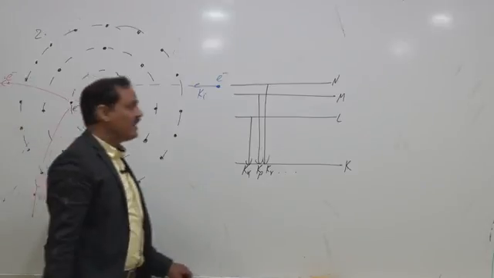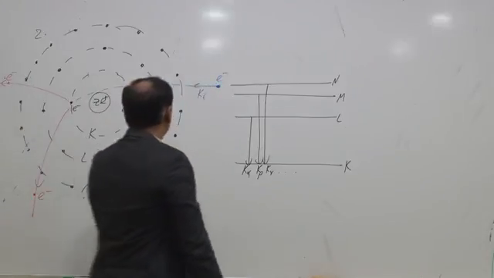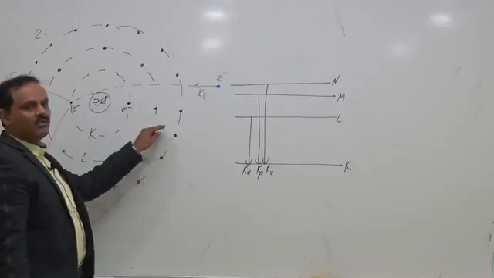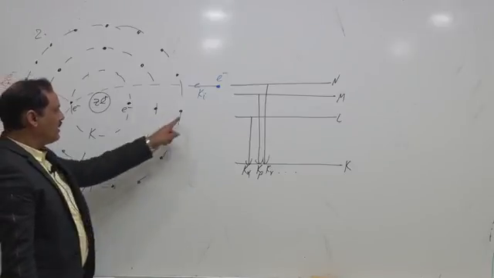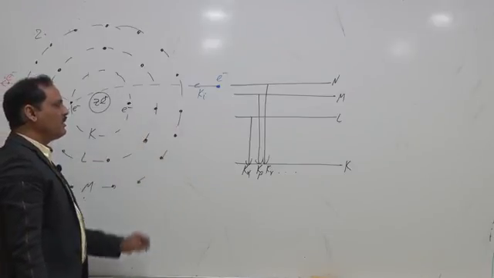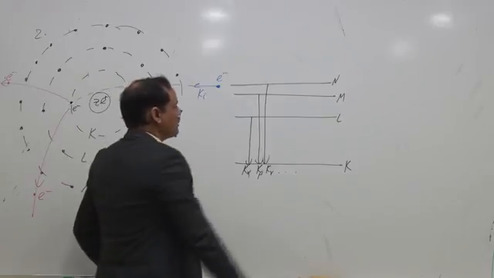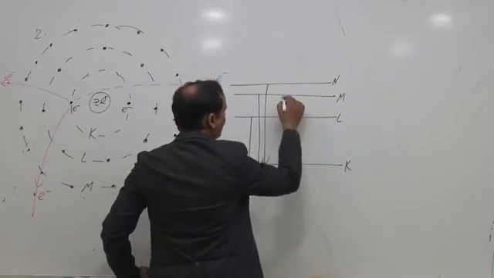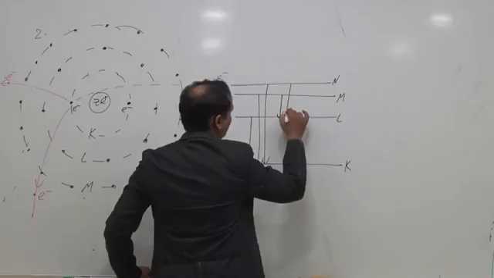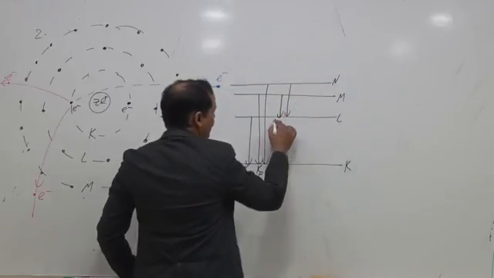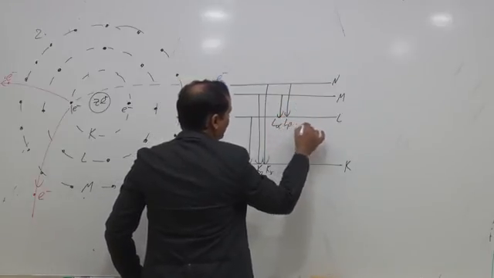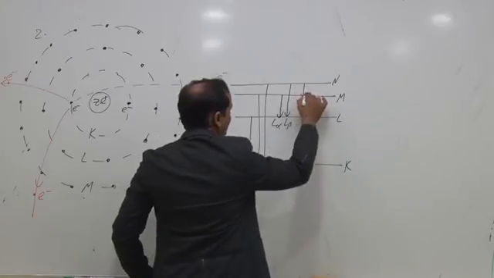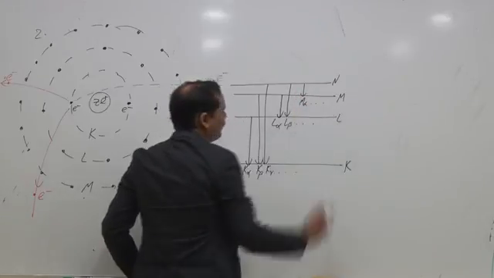If a vacancy is created in the L shell, an electron from an inner orbit will not jump to an outer orbit; rather, an electron from an outer orbit will jump to the inner orbit. So if a vacancy is created in the L shell, electrons from M, N, O, etc. can jump, emitting L alpha, L beta, etc. photons, and similarly M alpha, M beta, etc. photons.